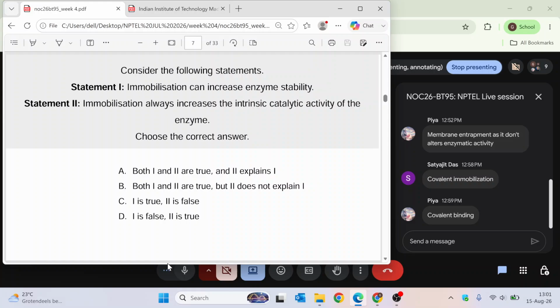Another question, we'll just quickly see this question. I'll just wait for a couple of minutes only. The first statement says that immobilization can increase enzyme stability. Second is immobilization always increases the intrinsic catalytic activity of the enzyme. I think this is a pretty easy question. You can just answer and then we'll go solve some problems.